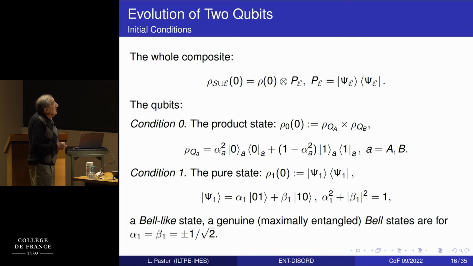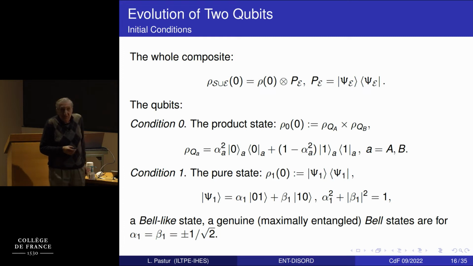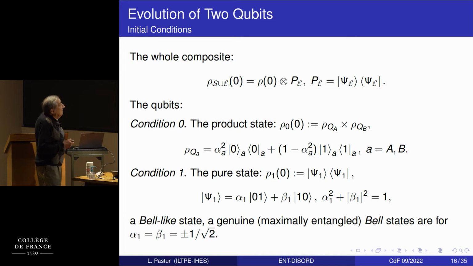Well, and now about initial conditions, which play an important role here. The simplest initial condition, you just assume again that the two qubits are not entangled. Second, they are entangled, because, you see, the expressions for them are written here.